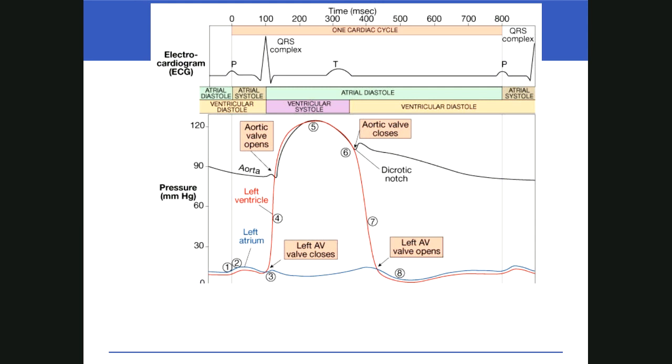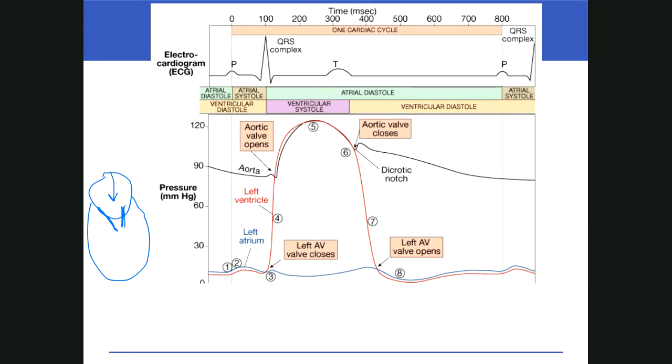Again, all you have to do to figure out if the valve is open or closed is remember the orientation of the valve. If you remember the orientation of the AV valve, it's like this. Think of it like a trap door. So if the pressure's higher here, it opens.